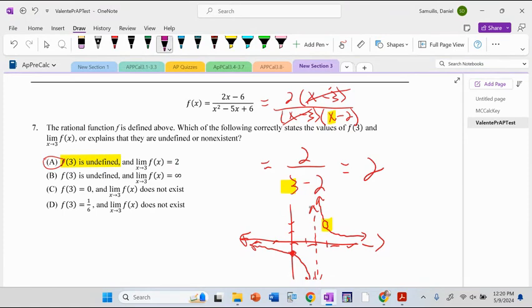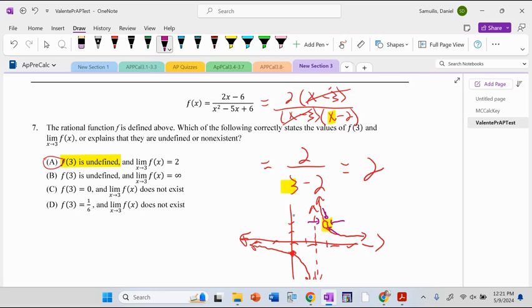When you approach 3 from the left and from the right, the y value that you're approaching is 2, because when I plug that in, I get 2 for an output value after I cancel the x minus 3's. So that's why this is the correct answer.